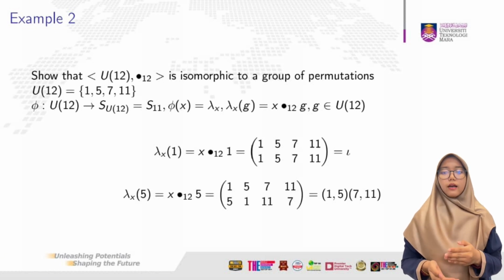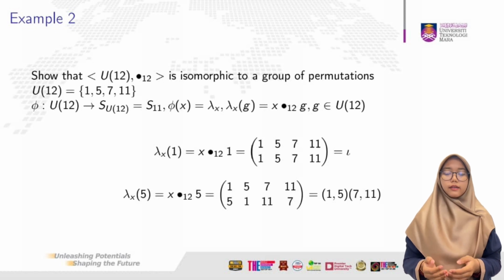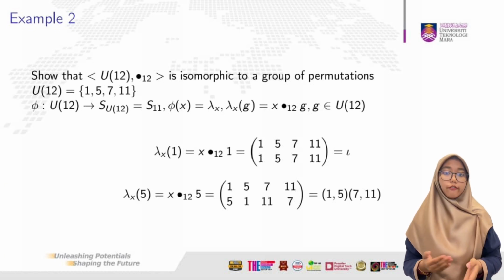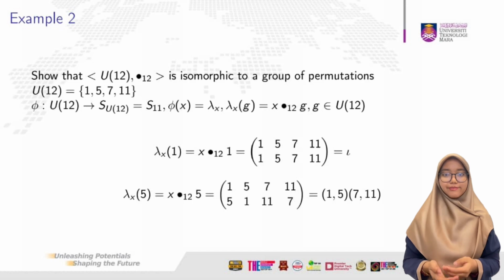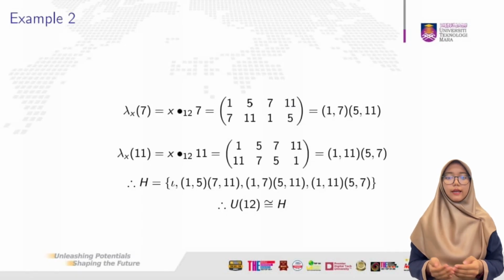And lambda x5 equals x multiplication modulo 12 5, we will get the cycle notation (1, 5)(7, 11). Lambda x7 equals x multiplication modulo 12 7, we will get the cycle notation (1, 7)(5, 11).